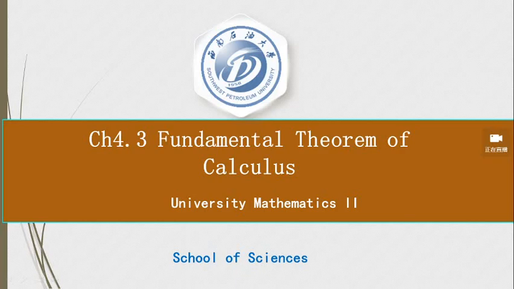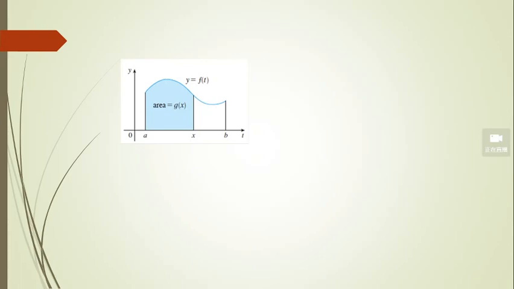So today we will talk about Chapter 4, Section 3, Fundamental Theorem of Calculus. In the previous two sections, we talked about the area under the curve f(x), especially when the curve is positive, then we can form an area in this region.